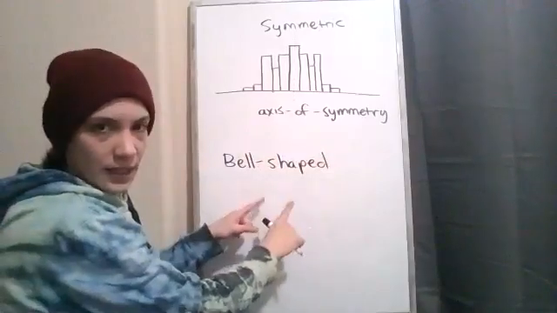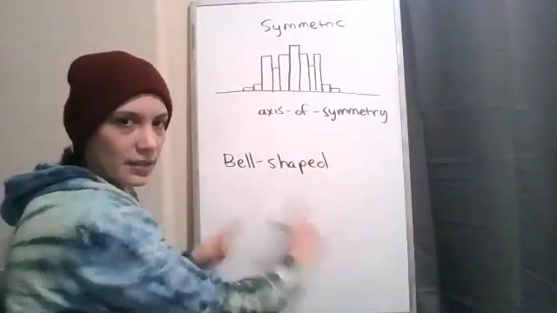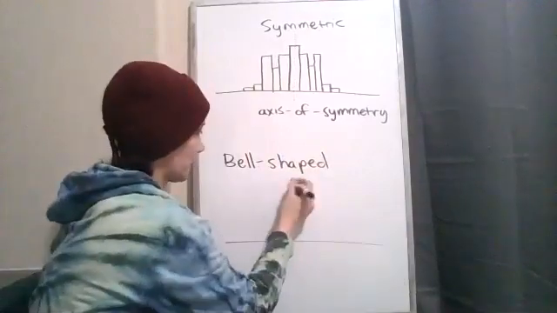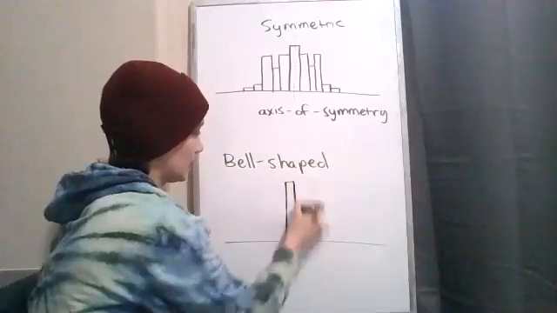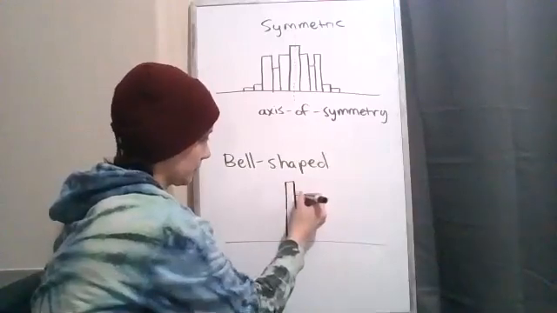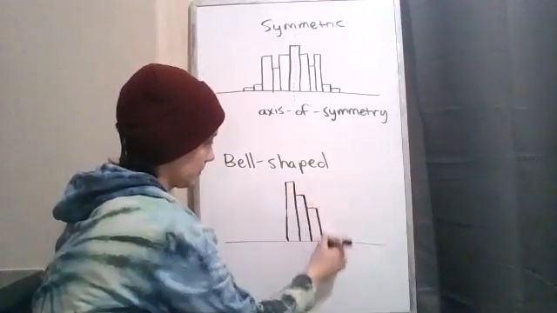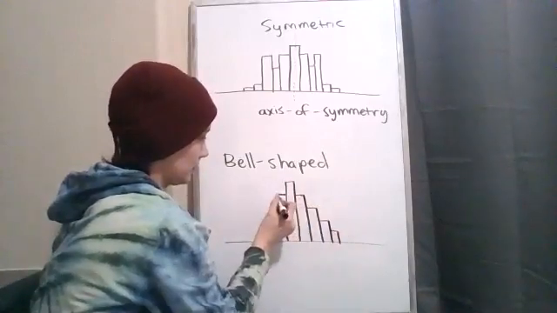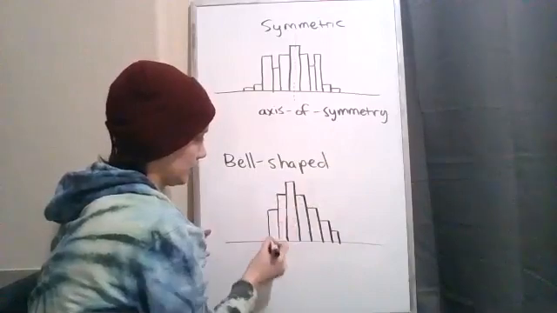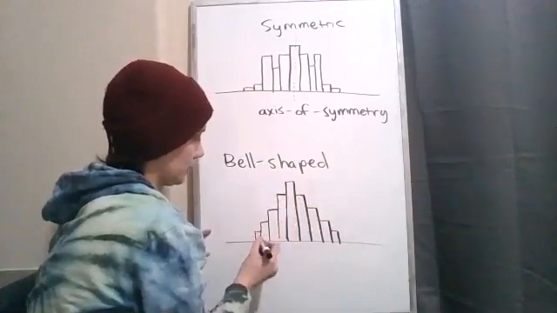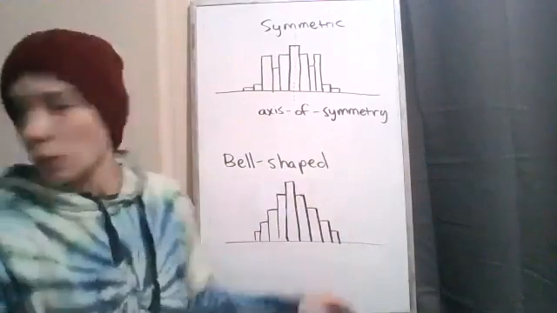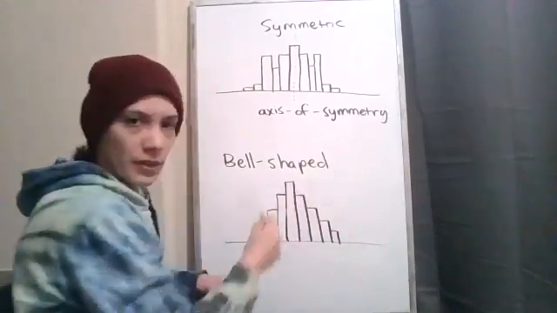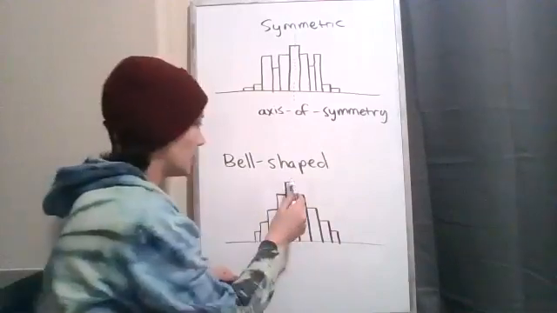You have a peak, and then the data kind of drops off on the sides, so it's the shape of a bell.